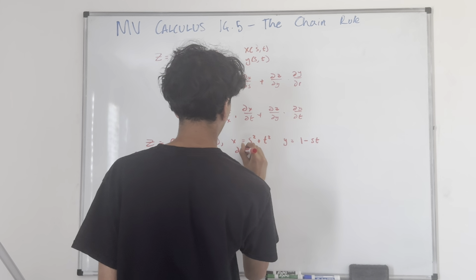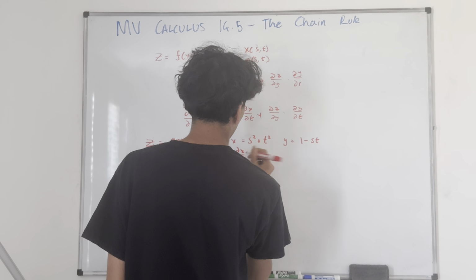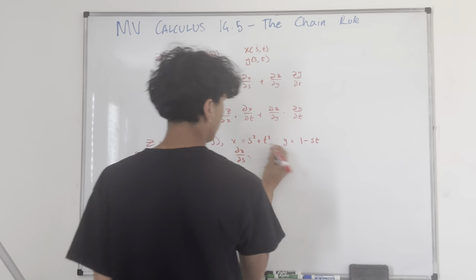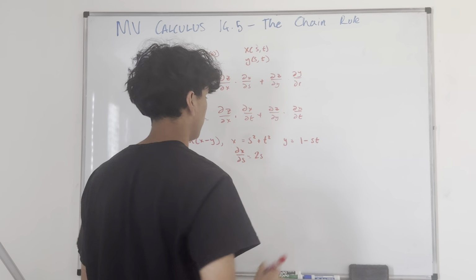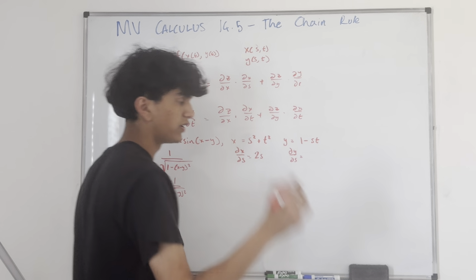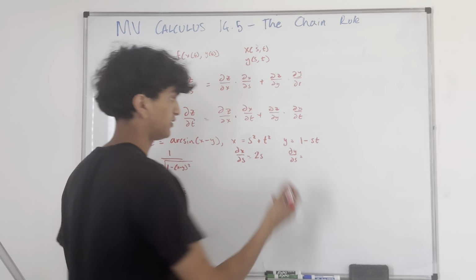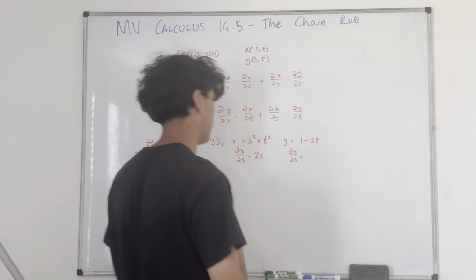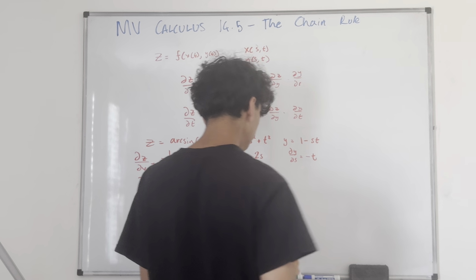So partial x partial s: the t squared is just a constant, so I just get 2s. And partial y partial s: the 1 is a constant, that goes away, and t is treated like a constant. So if we're differentiating with respect to s, the derivative would end up being negative t.